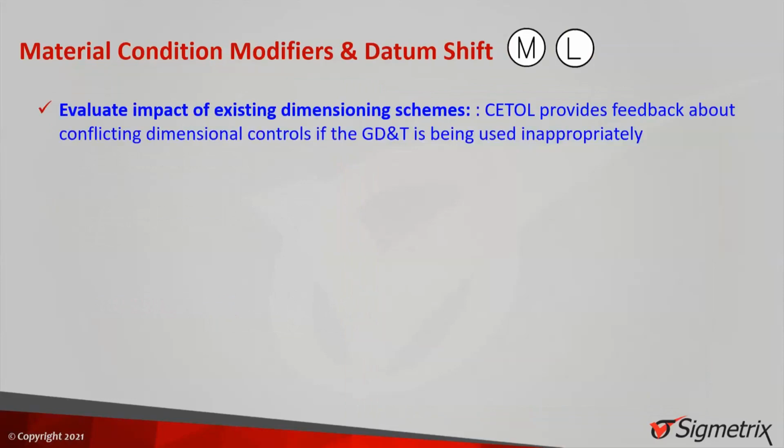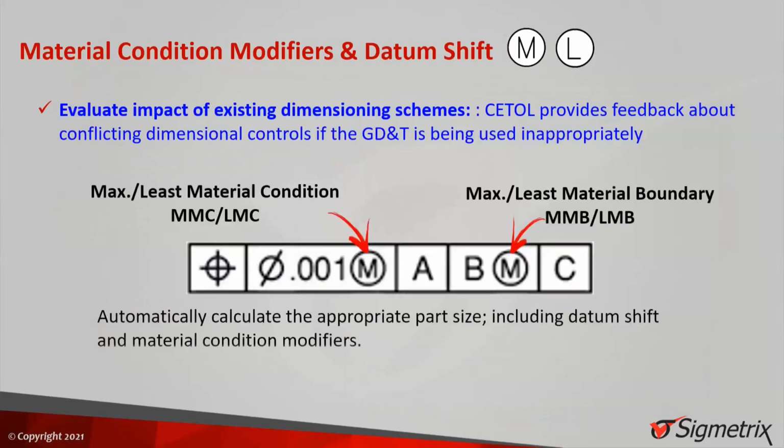And the other one: because they use a math method to do the statistical analysis, something like GD&T is also math, right? So it is very quick to deal with such material conditions. When you use the material condition modifiers like circle M and circle L, CETOL Six Sigma can deal with them very easily and quickly.